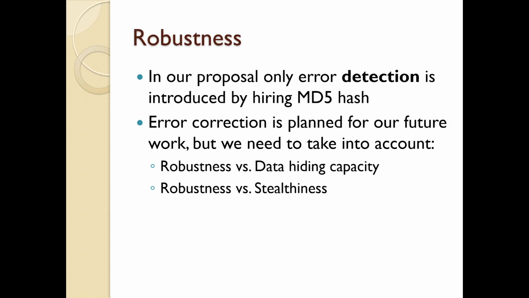In our proposal, we cover only detection by introducing MD5 hash. Error correction is not covered in this paper, but of course we plan that in our future work, being aware that when introducing robustness, we need to be careful to reduce the impact on data hiding capacity and stealthiness.